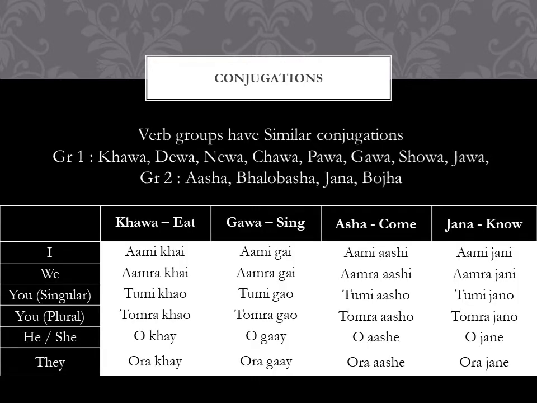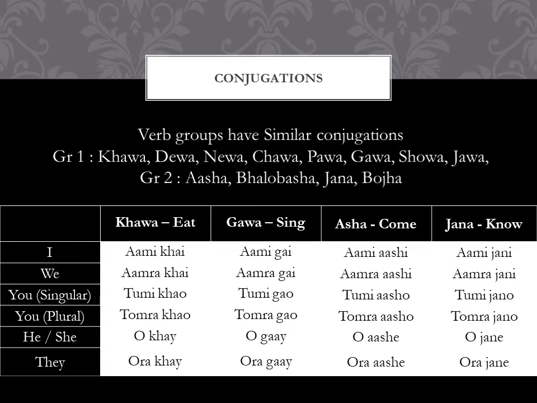Talking about verb groups, we have already covered two groups of verbs before. The first group is where the infinitive form of the verb ends in wa. So khawa, gawa, showa, chawa, dewa, newa, all of these. If you notice the table below, to make the conjugation forms, we will cut off the wa at the end of the infinitive and add e, o, and I to the endings.